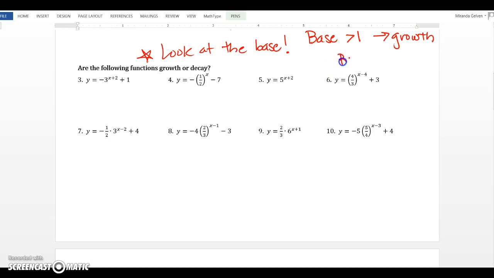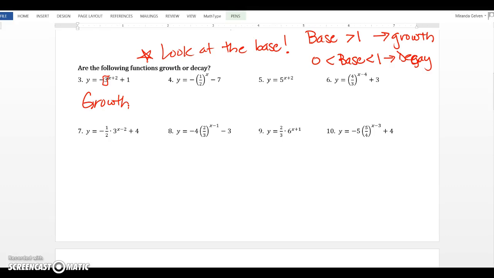If the base is greater than 0, but less than 1, then it's decay. Alright, so when I look at number 3, I ignore everything else that's going on there. I just look at the base. So just that number 3. So since 3 is greater than 1, that makes this growth.